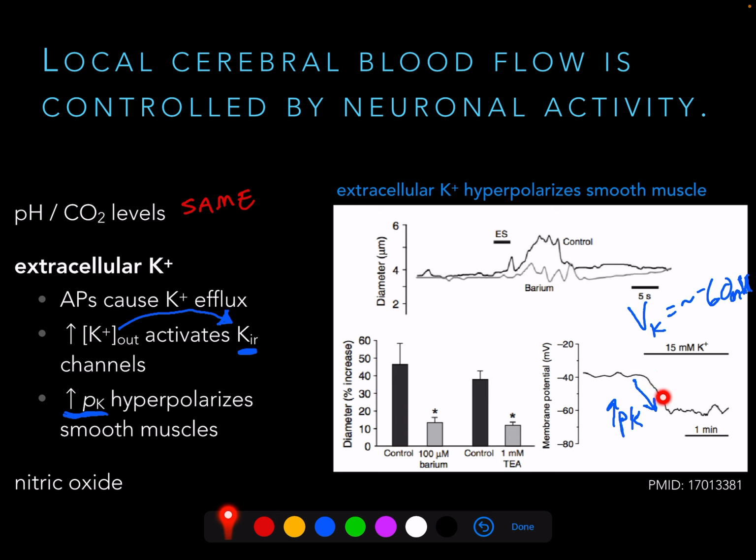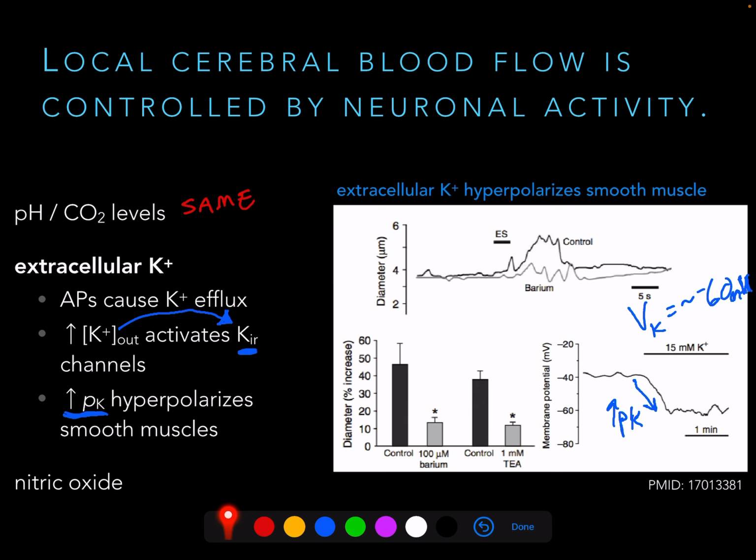Because we increased extracellular potassium and we hyperpolarized the smooth muscle, causing it to relax, increasing blood flow to the area. We know this has to do with potassium because if we apply barium or tetraethylammonium, we don't see this same vasodilation. Yeah, it kind of jumps around a bit, but it stays pretty close to 3 to 4 micron diameter. It doesn't vasodilate to 5 to 6 microns.